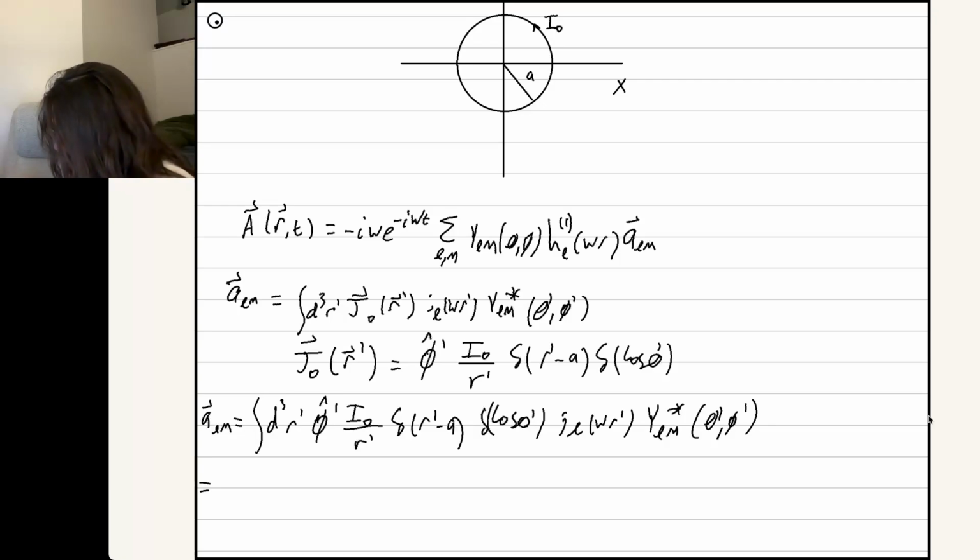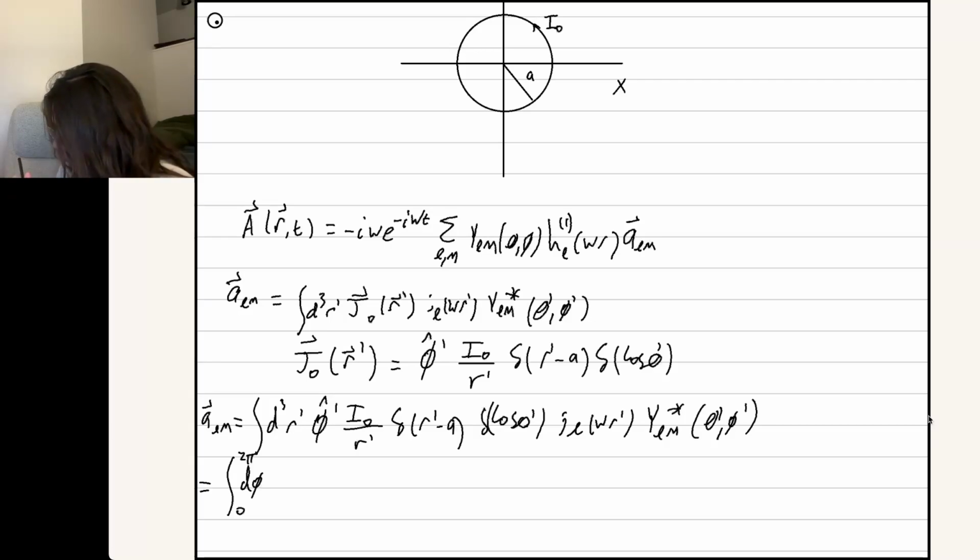We'll split this up into angular and radial parts. There's going to be an integral over phi from 0 to 2 pi of all of this.